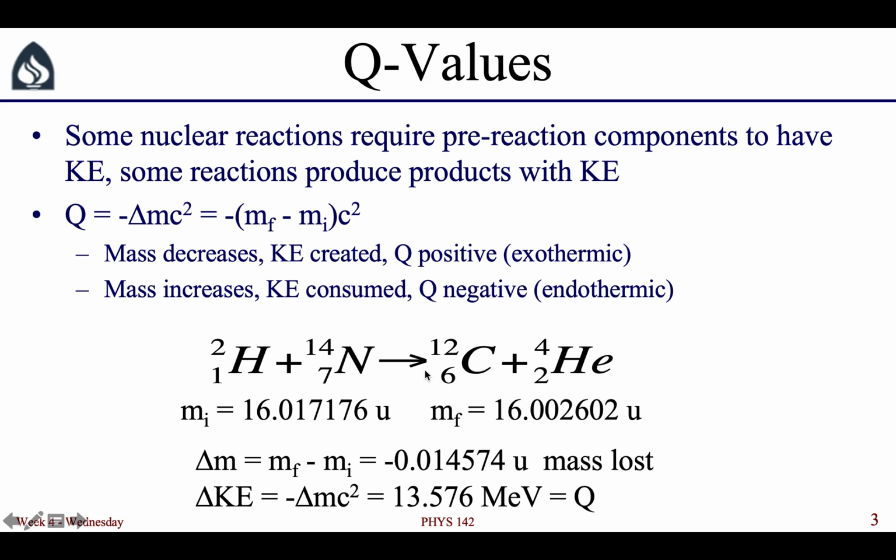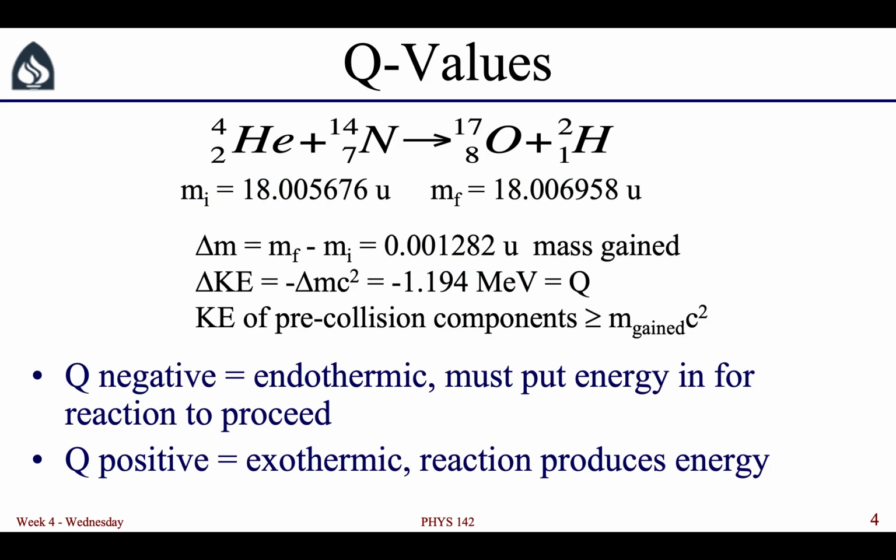And then if we add up the products, we find that they will have a slightly different mass. If we take the final mass minus the initial mass, we get a negative result. So mass is lost by this reaction. Since mass is lost, there is a positive Q value. Some of the mass is turning into energy, and this would be an exothermic reaction.